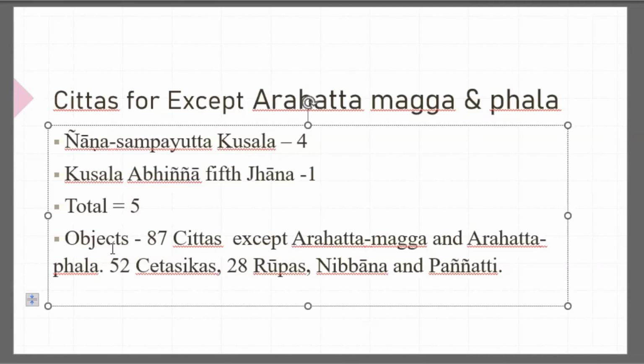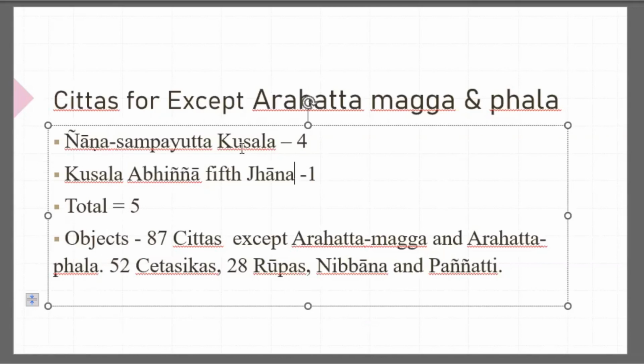Jnana Sampayutta Kusala Citta arises for ordinary persons, Puthujjana, Sotapanna, Sakadagami, and Anagami, stream enterer, once returner, and non-returner. Kusala Citta also arises for other animals. Here, we will just take the human and noble ones.